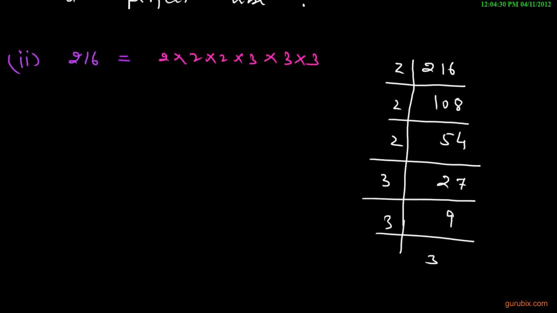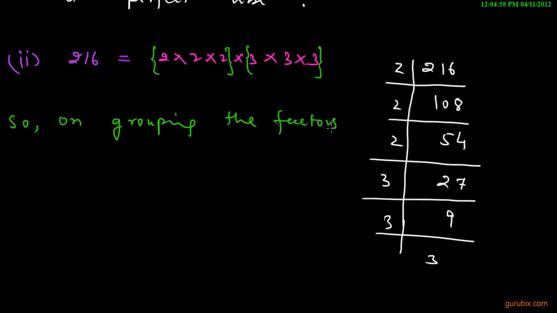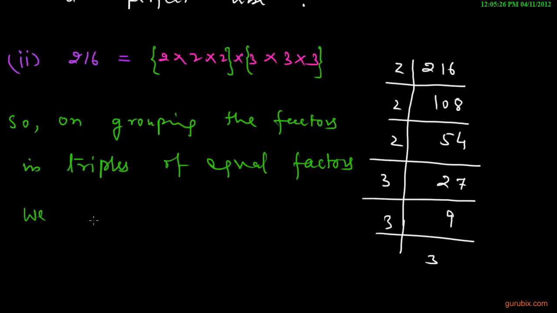And now we shall make triplets of the equal factors like this. So we observe that on grouping the factors in triplets of equal factors, we are left with no factor.